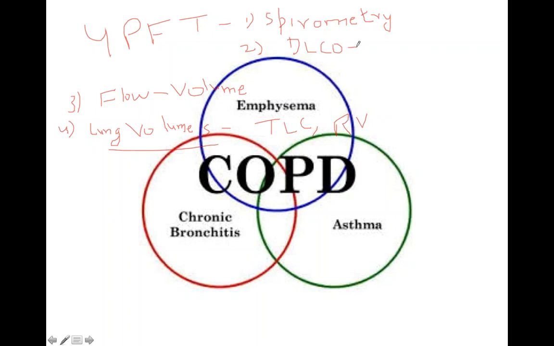Suppose spirometry is normal, and we find decreased DLCO, diffusion capacity. Can you tell me what can be the cause?